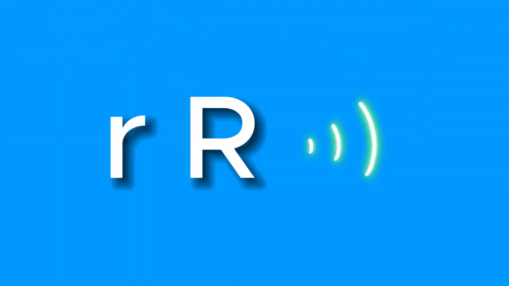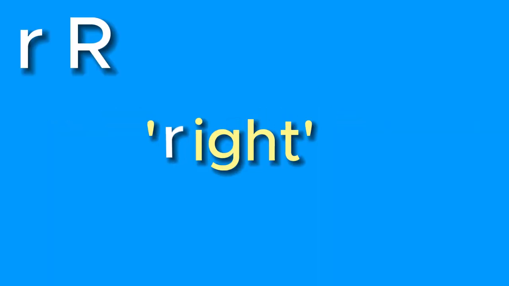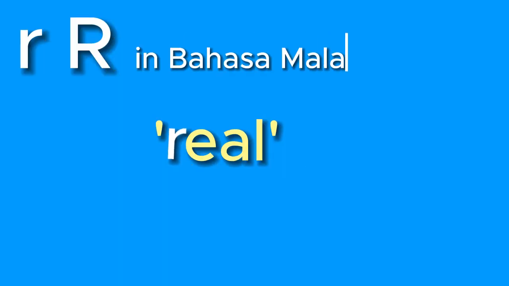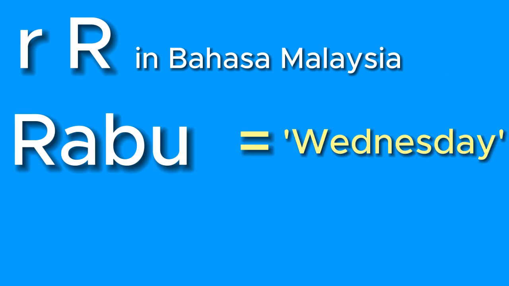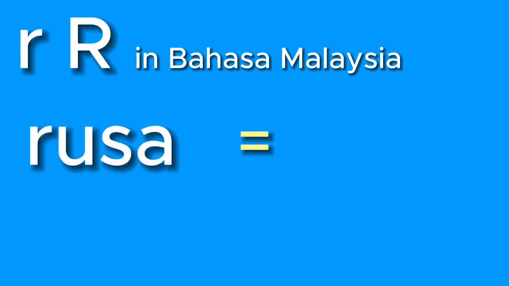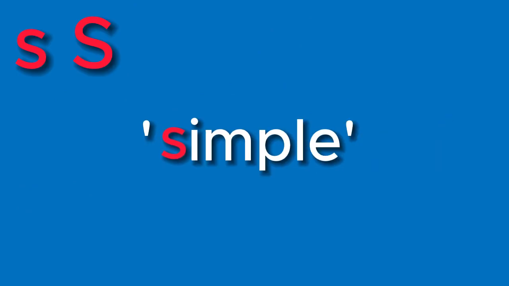R brings the sound R, like in the words run, ride, rail. Examples include Rabu for Wednesday, rusa means deer. S is as it is, like in the words slow, Superman, simple.